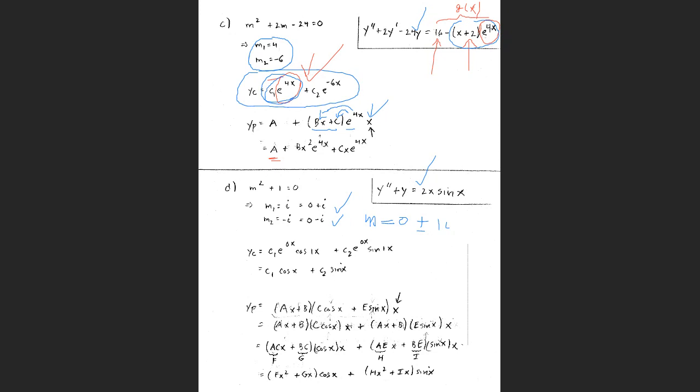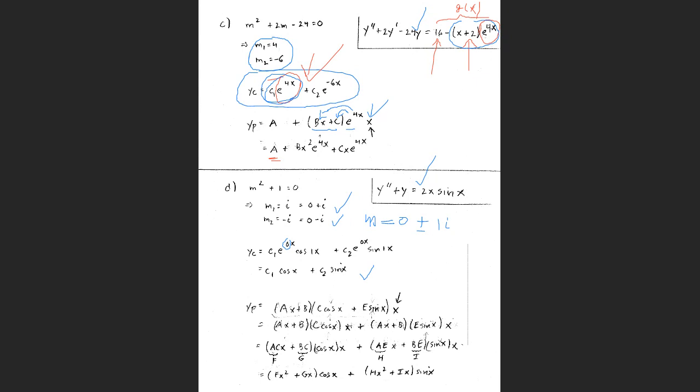Based on that, your complementary function is C1 cosine of x plus C2 sine of x.